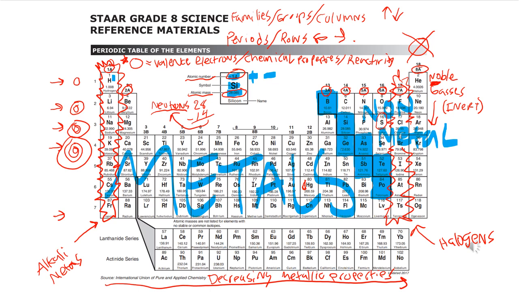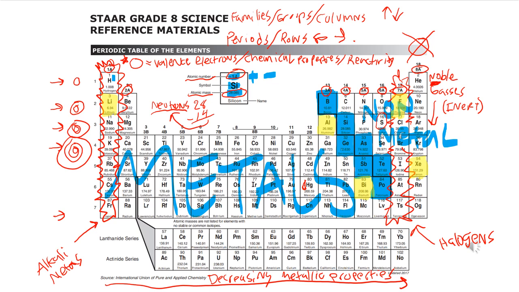Now let's find out if you can actually use the periodic table as a tool to help you answer questions. You do not need to write anything for this, just follow along and see if you can answer the questions as I ask them. Let's say you're doing the STAR test and it gives you lithium, aluminum, fluorine, xenon, and bismuth.